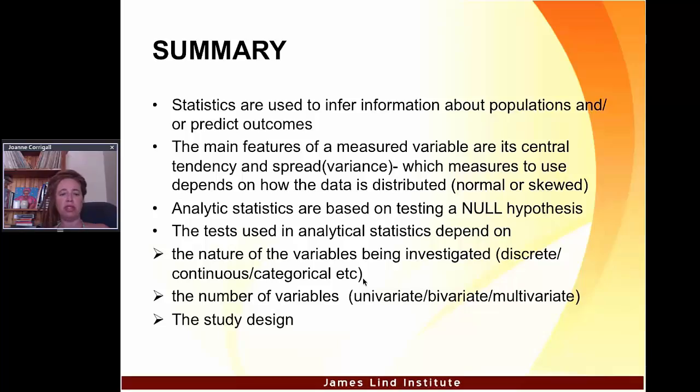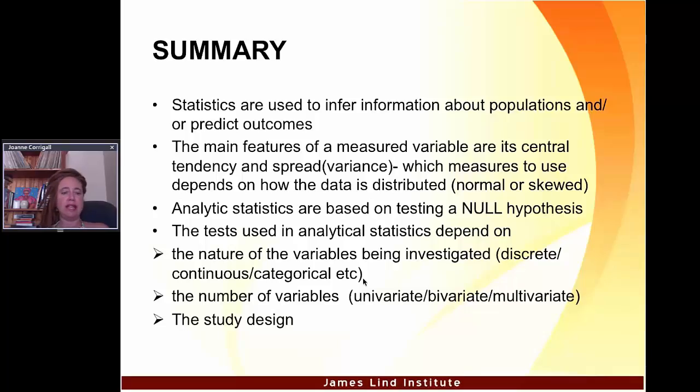The other important point was that analytical studies are based on testing the null hypothesis. So it's a little bit counterintuitive because often we think that in research we're testing the research hypothesis, but actually we're testing the null hypothesis. And because of that, we're looking for the lowest p-values possible. So p less than 0.05 at the very least.